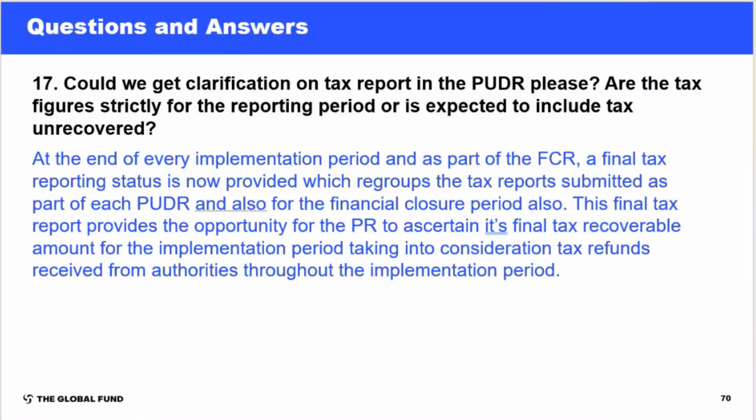So this final tax statement provides the opportunity for the PR to ascertain its final tax recoverable amount in the implementation period and take into consideration all the refunds they received from authorities during the IP, including the closure period.